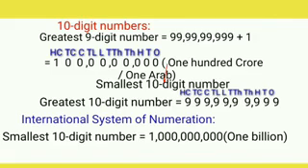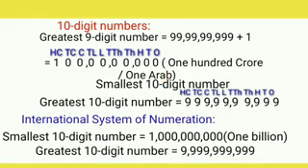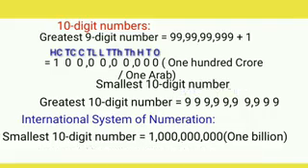According to the international numeration system, we read it as 9 billions, 999 millions, 999,999. Children, now we have got some basic ideas about large numbers and the number system through this video.